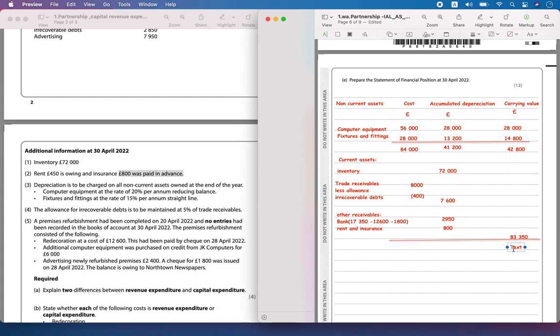The total assets are 42,800 plus 83,350, that's 126,150. So that's the total assets in the business.